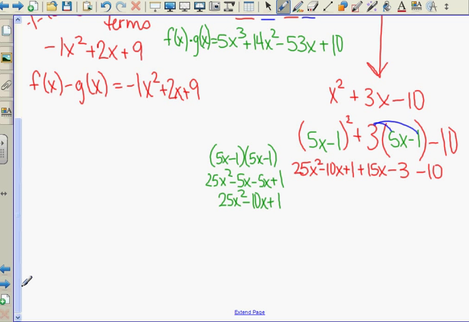So let's combine our like terms. There's a linear and a linear. I've got a constant and a constant to combine. Overall, though, we have 25x squared plus 5x minus 12. And that is my g of f of x.